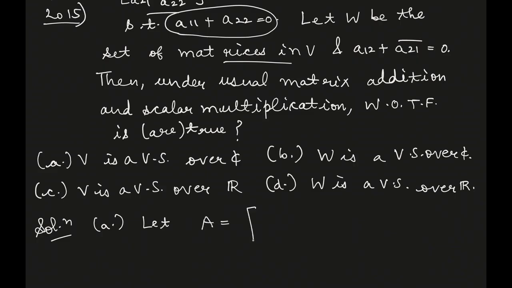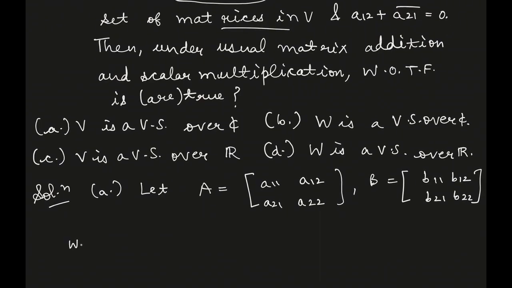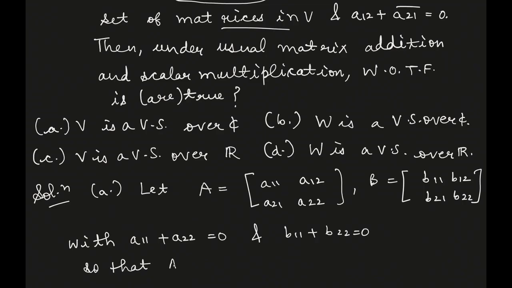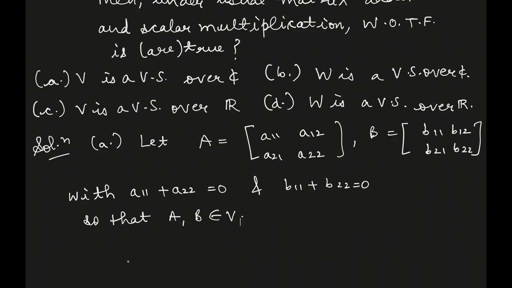Let A equal A11, A12, A21, A22, and B will be B11, B12, B21, B22, with sum of diagonal entries equal to 0, so that A and B belong to vector space V. A and B belong to set V because we need to check vector space.